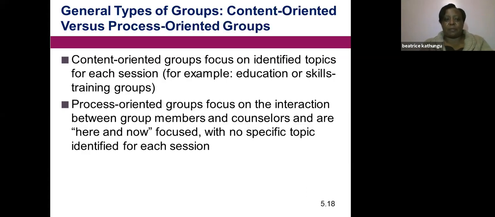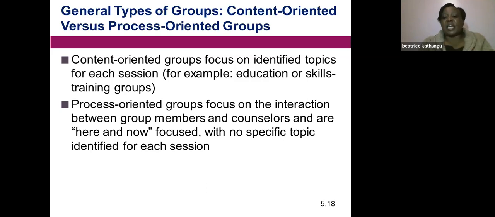Now, the other parameter for analyzing types of groups is whether the group is focused on content or on process. As Moses introduced what group counseling is, he said that unlike one-on-one counseling, where the therapeutic work is between the counselor and the client only, within a group the therapeutic work is between the counselor and the members, but also amongst the members themselves.